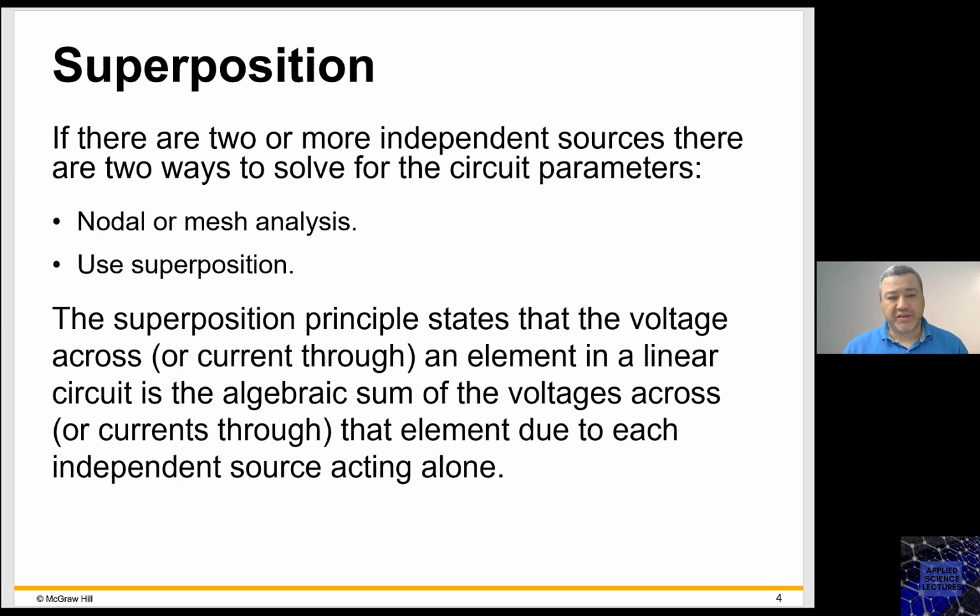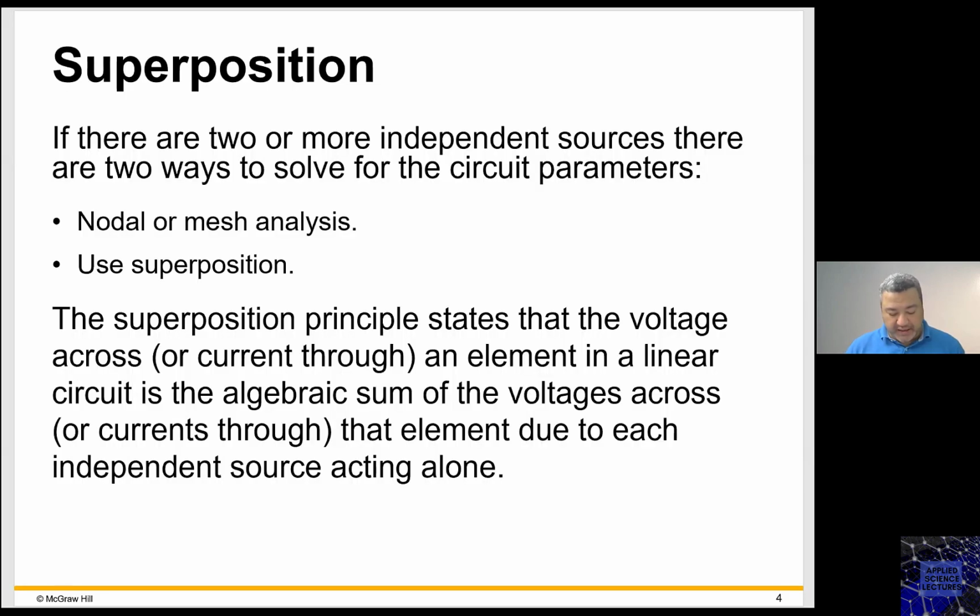So if I have a circuit that has two independent sources, if I want to apply the superposition, I need to use one independent source at a time, which means I keep one on and I switch off the second one.